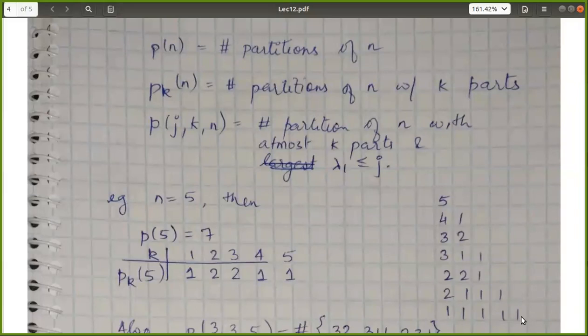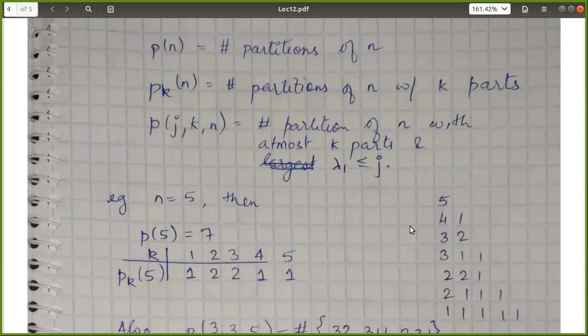So now, how many partitions of 5 are there? 7. 1, 2, 3, 4, 5, 6, 7. 7 partitions are there.